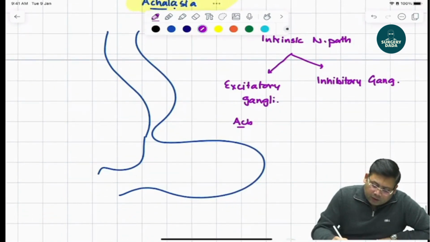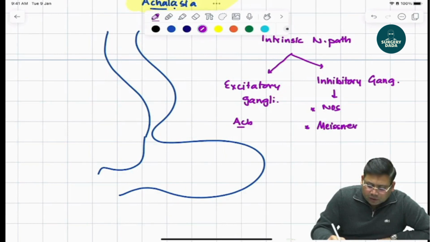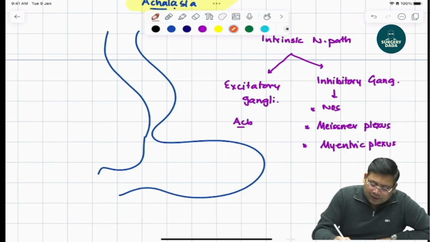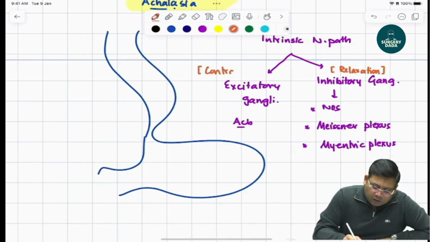They are also controlled by Meissner's plexus and the myenteric plexus. Remember, the inhibitory ganglions are responsible for relaxation of the esophagus, and the excitatory ganglions are responsible for the contraction of the esophagus.